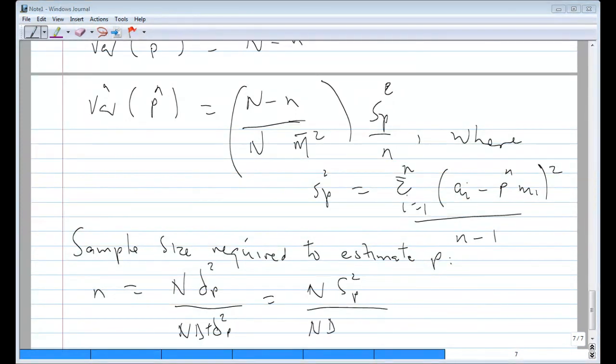Where in this case our D is equal to what? B squared times M bar squared over 4.